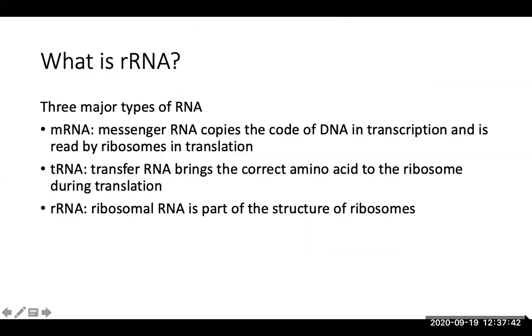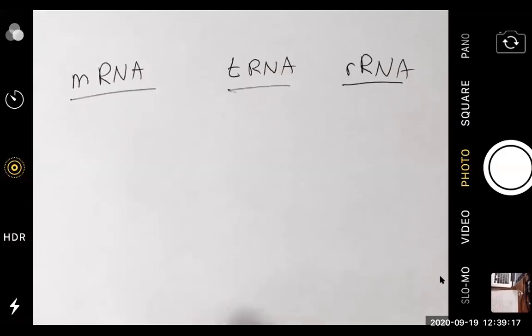What is ribosomal RNA? There are three major types of RNA: mRNA, tRNA, and rRNA. mRNA is the one you're probably the most familiar with. This is the messenger RNA that is copied from DNA during transcription and then read by ribosomes in translation. Here are the three types of RNA.